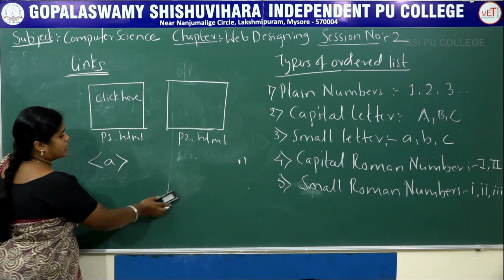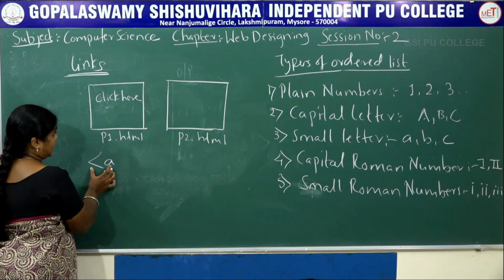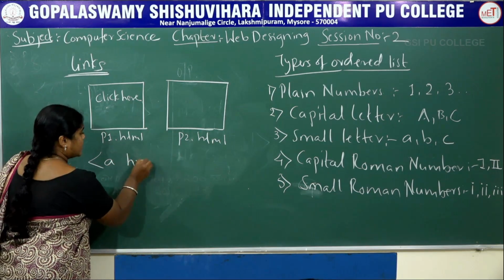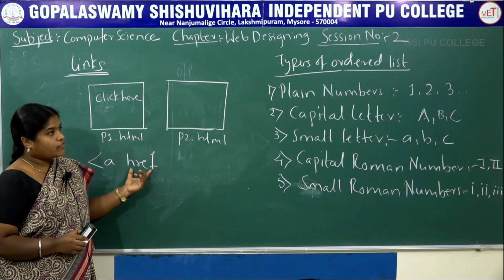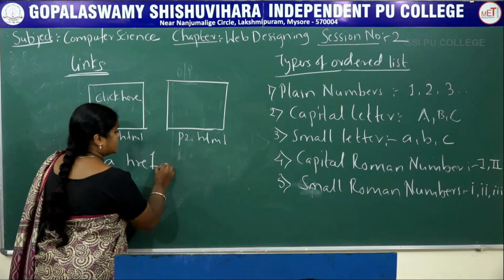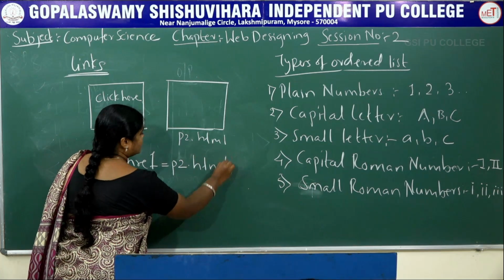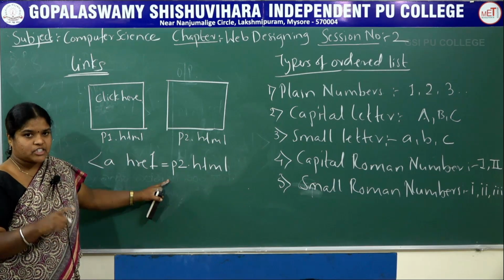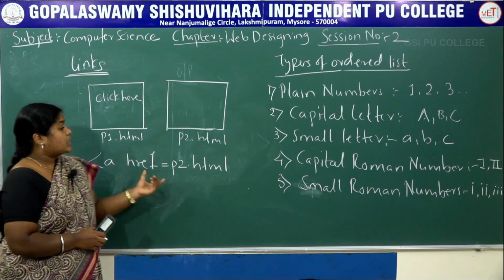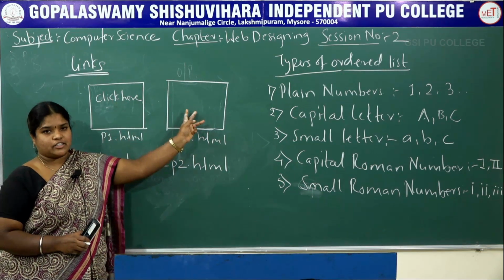So for this particular output we have to write the a tag, then href. In href, we are going to specify the target page. Now in this case, the target page is p2.html. Target in the sense, when you click, what should be the next page that has to be displayed?